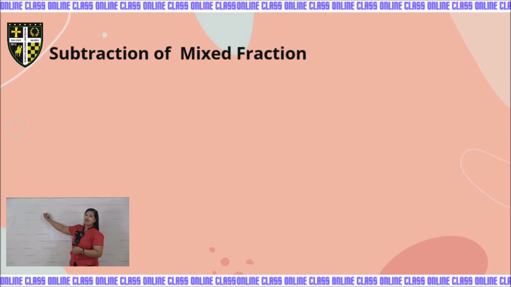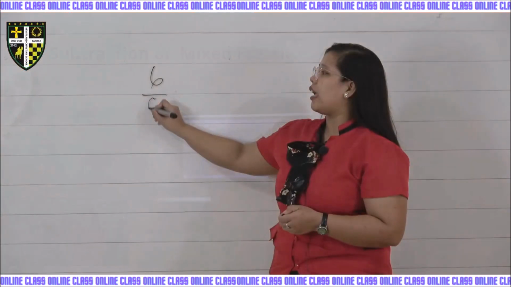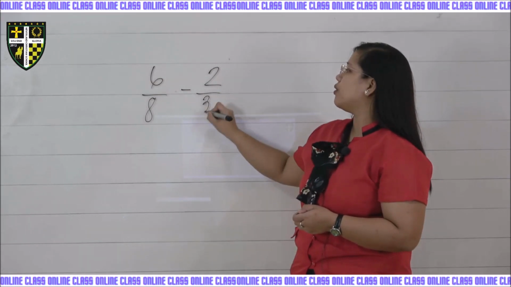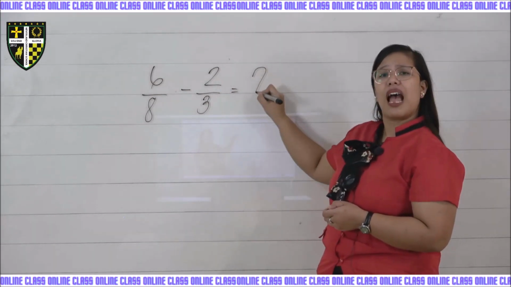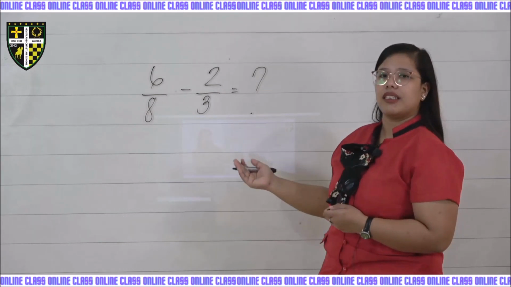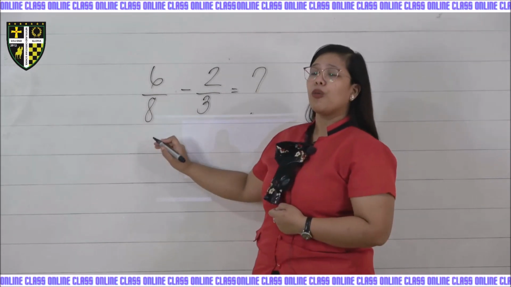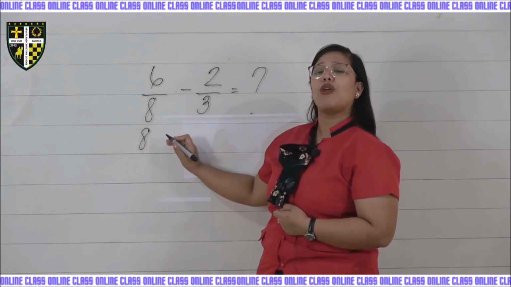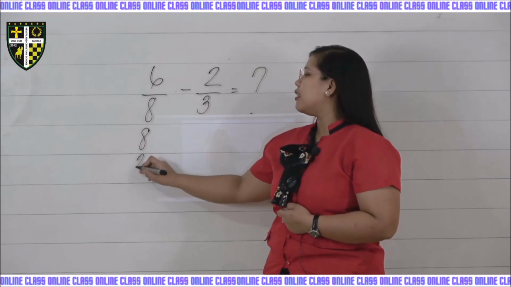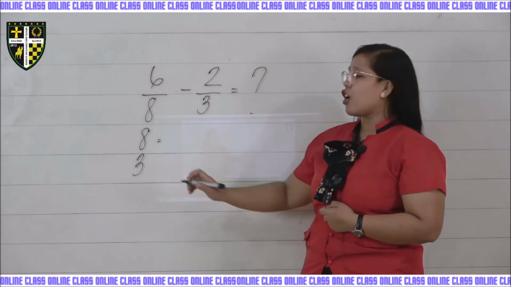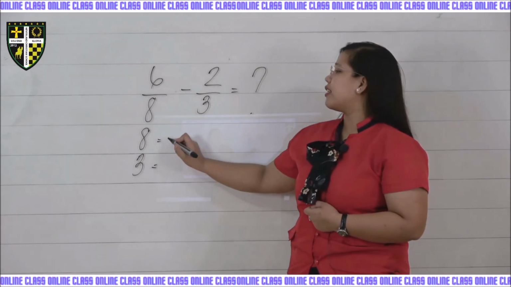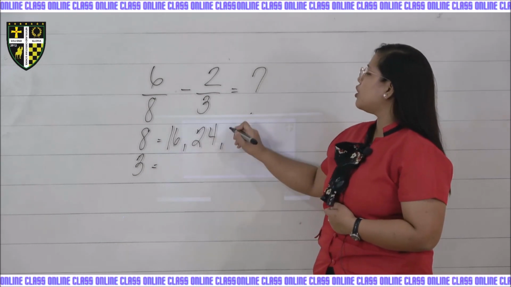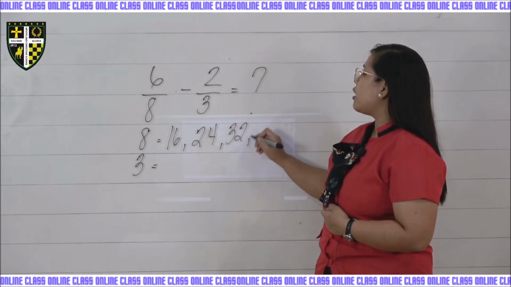We have 6/8 minus 2/3 is equivalent to how many? First, again, we will list the least common multiple of 8 and 3. Let's start with 8: 8, 16, 24, 32, and 40.